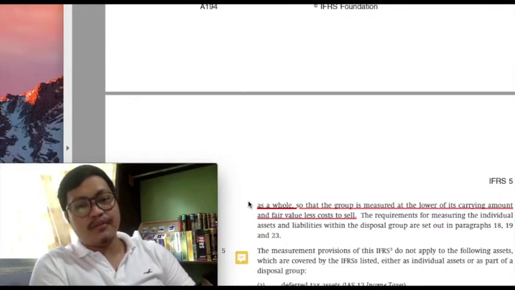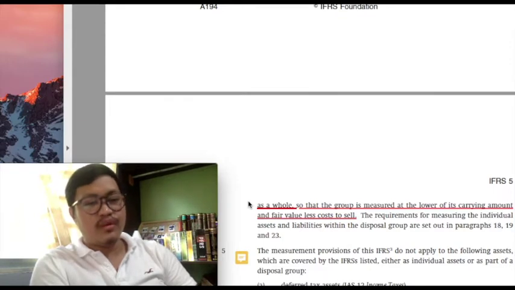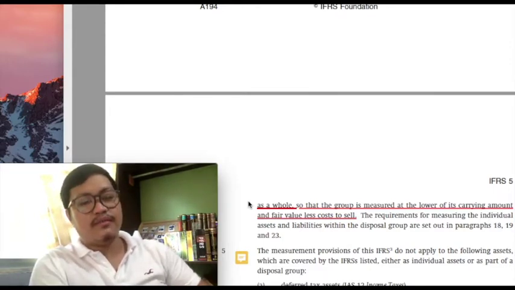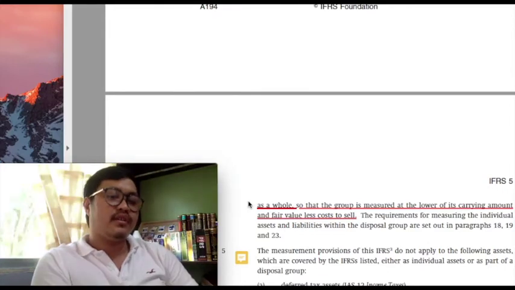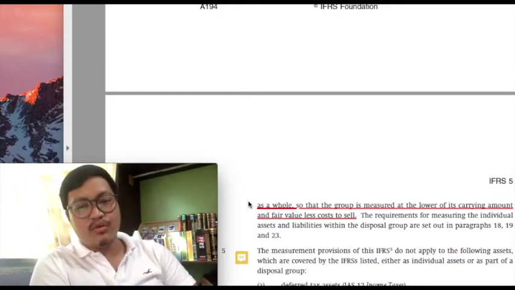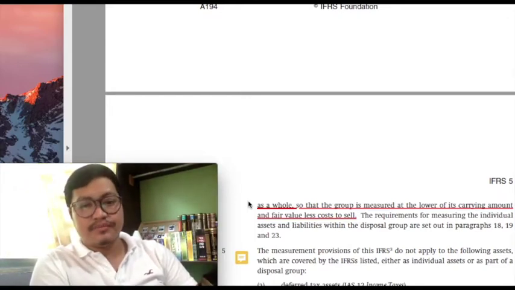Instead of being part of your PPE, it should now be reclassified as a non-current asset held for sale. And the measurement rule, the moment that you reclassify a non-current asset as being held for sale, it should now be measured at the lower of its carrying amount and its fair value less cost to sell.